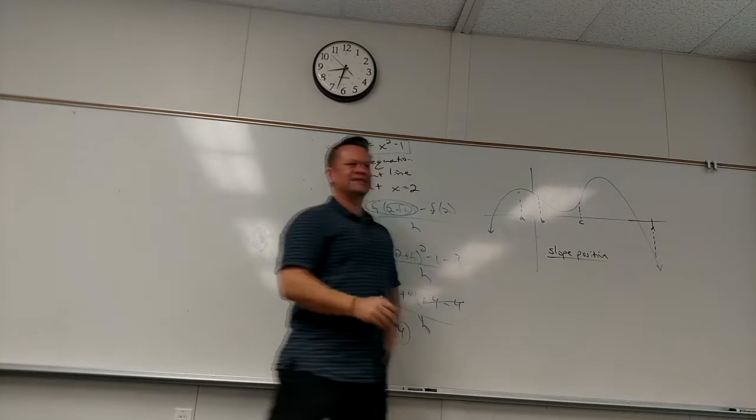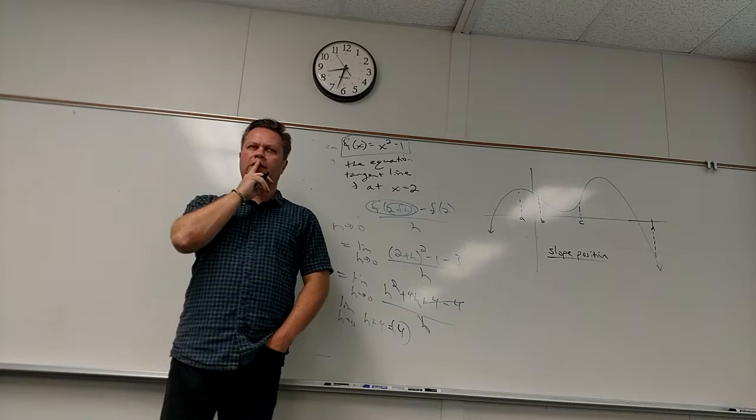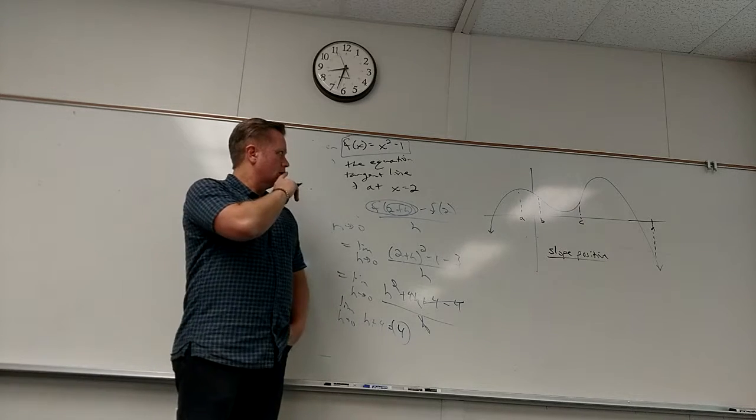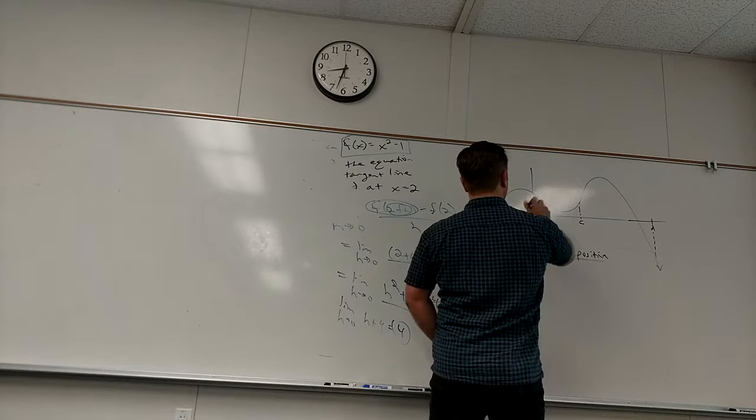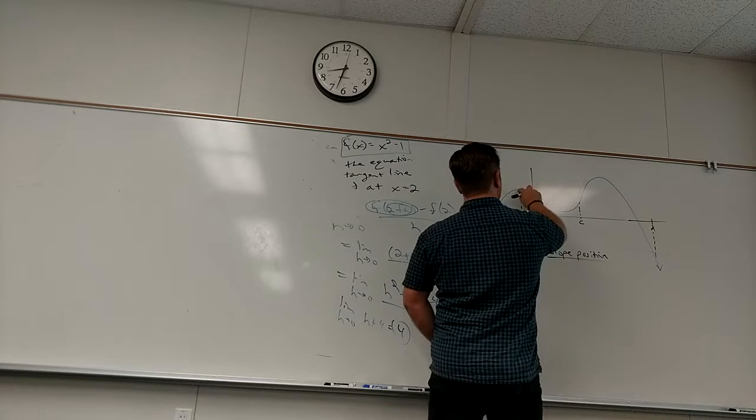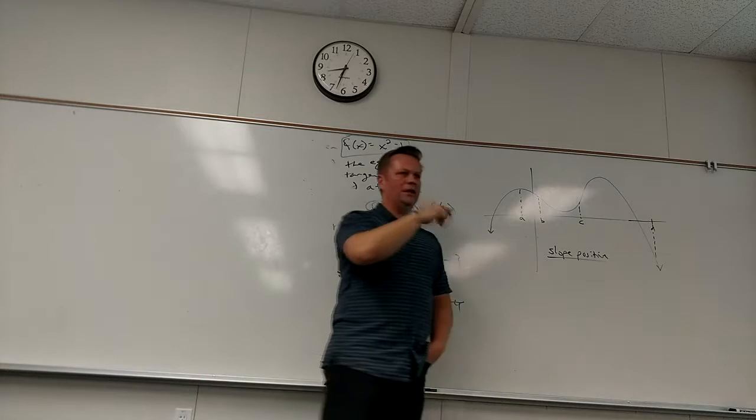Where's the slope positive here? What locations? I try to get A to be this special little point here. What's happening at A? What's the slope at A?